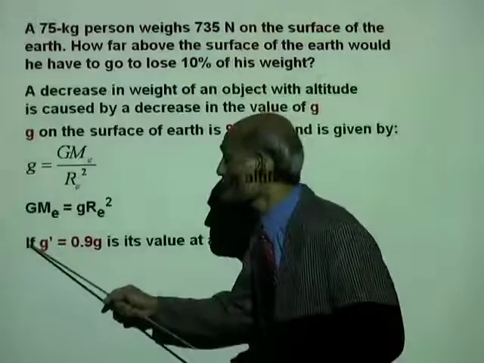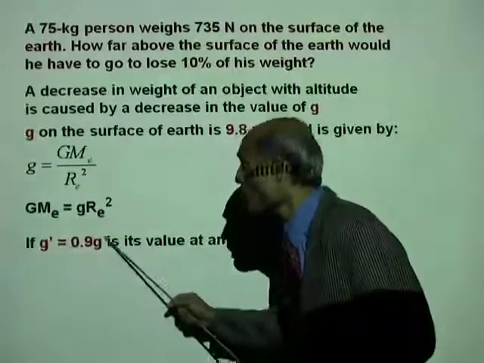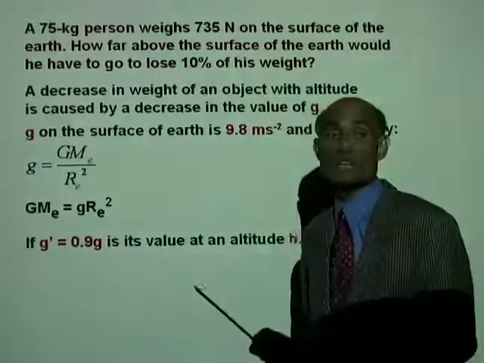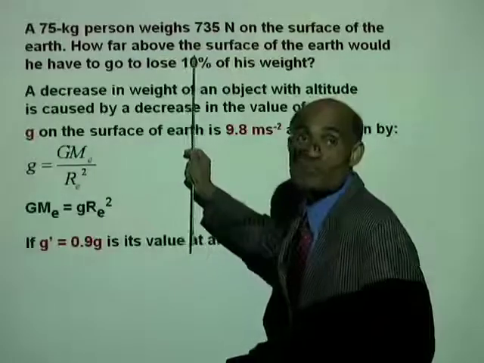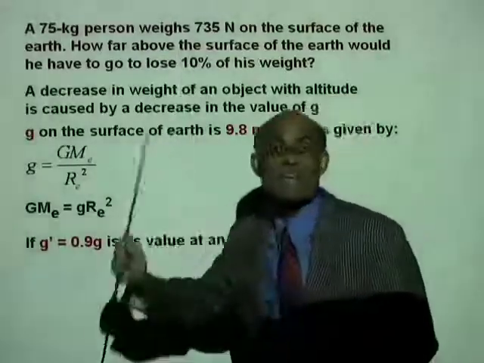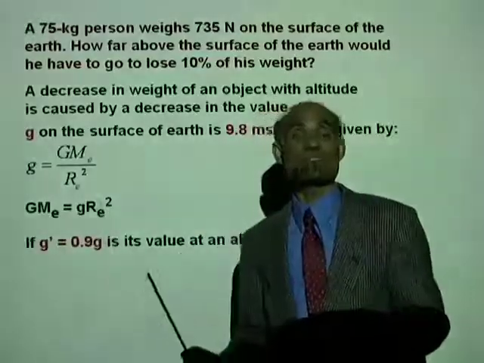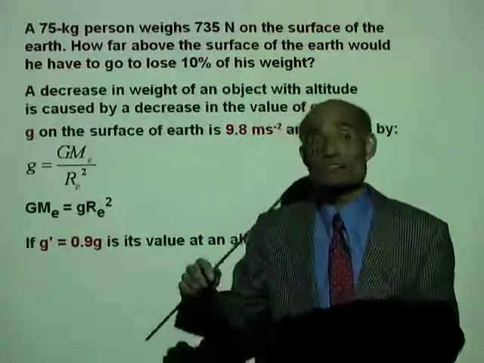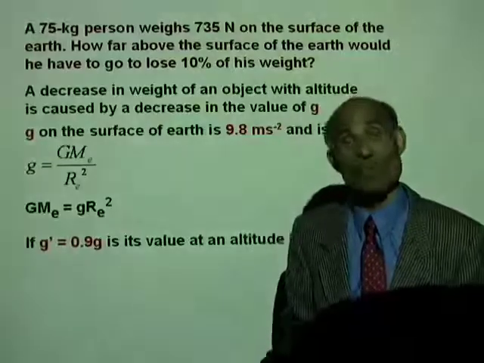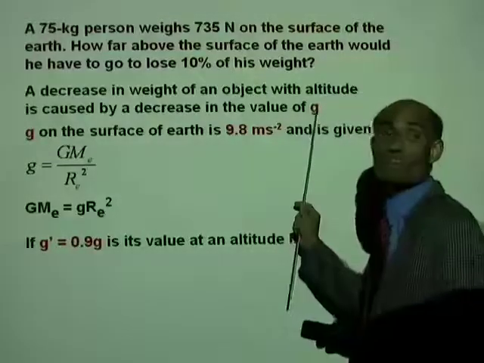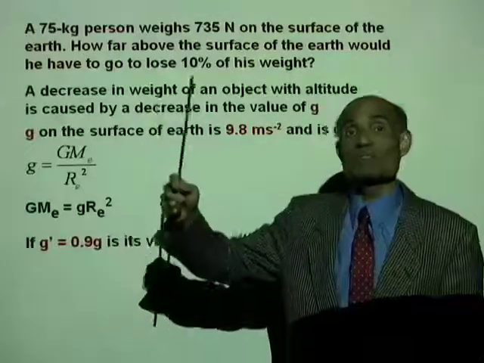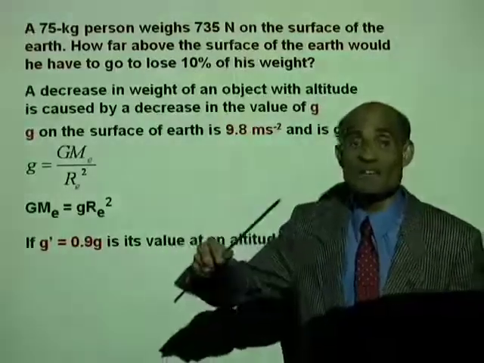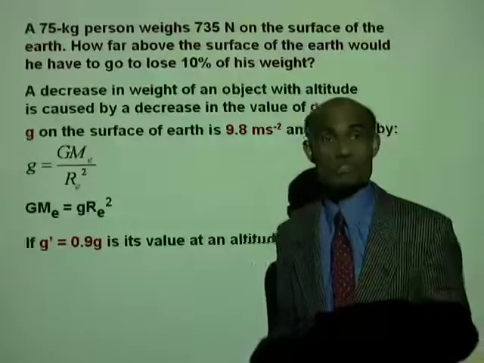Well, if g prime equal to 0.9 g, in other words, we need to find the altitude at which the person will lose 10% of his weight. If the person has to lose 10% of his weight, the value of g at that altitude will be 10% less than what we have on the surface of the earth.